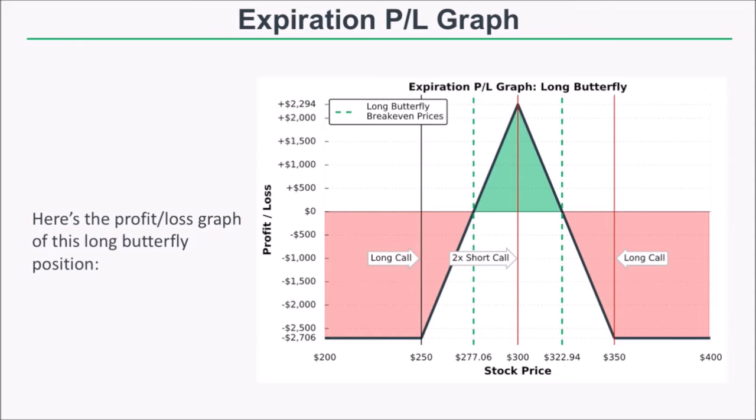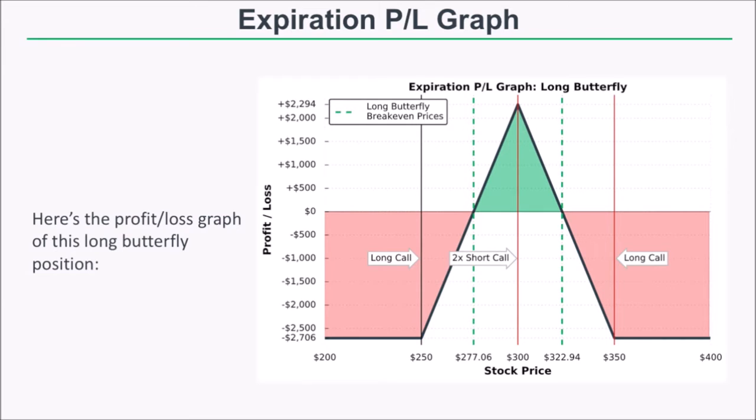And since we paid $27.06 for it, then we have a profit of $22.94 overall, which if we multiply by 100 gives us our maximum profit potential of $2,294. So as we can see here, our break-even prices are $277.06 and $322.94.